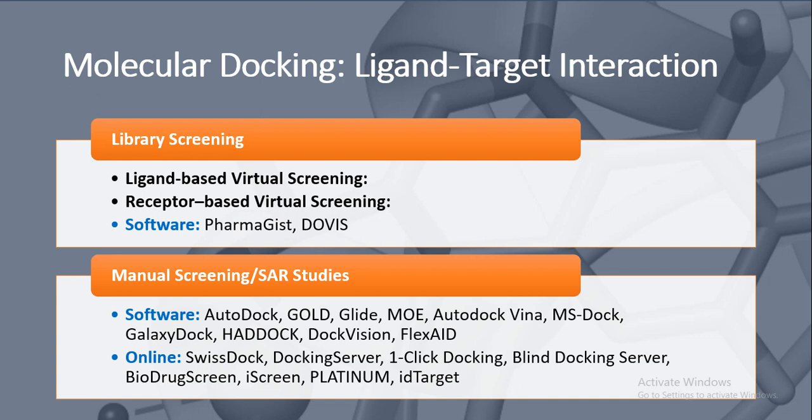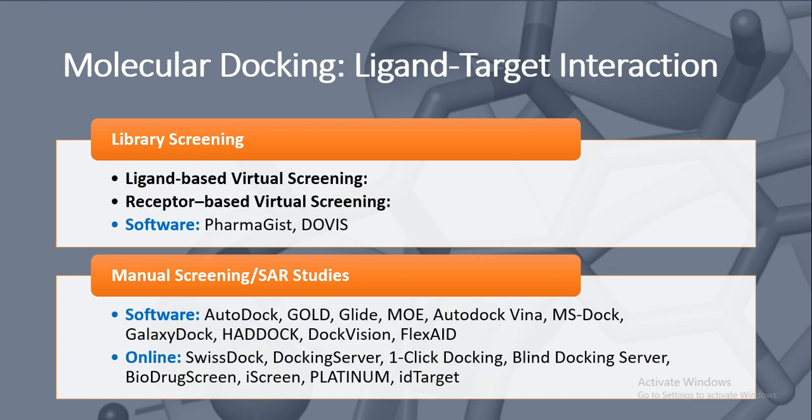And the second one is the receptor based virtual screening, in which we use different receptors and screen our ligand. Okay, so the softwares we can use for library screening are Pharmagist and Dovis. For manual screening, or one by one screening of our ligand to the receptor, we can also find out the structure activity relationship studies of in vitro screened active compounds.